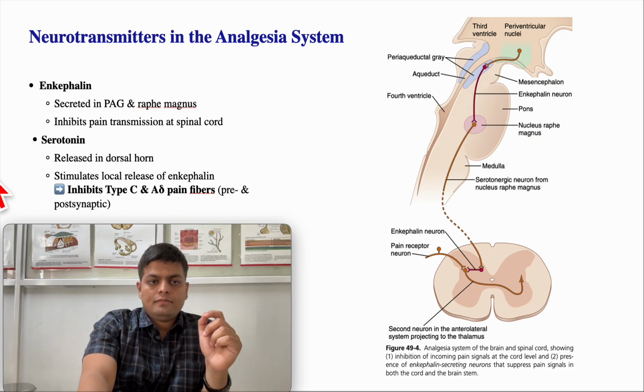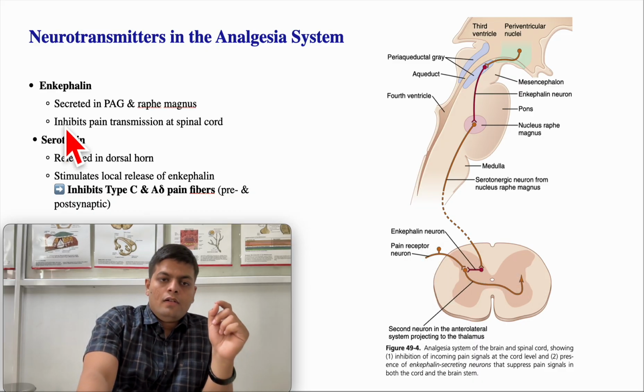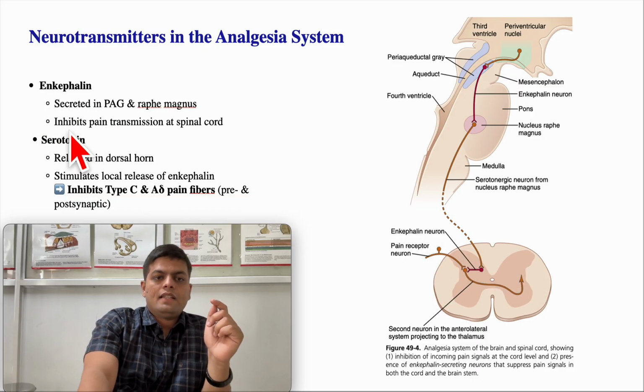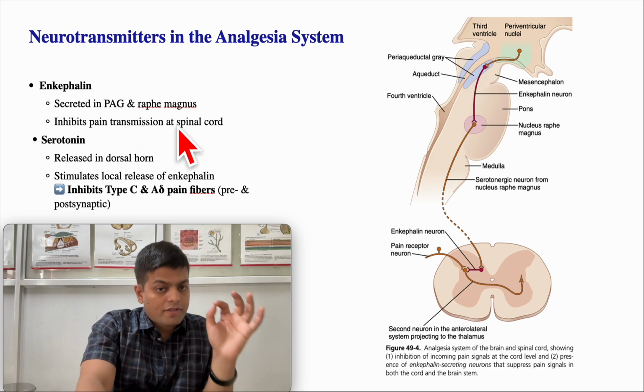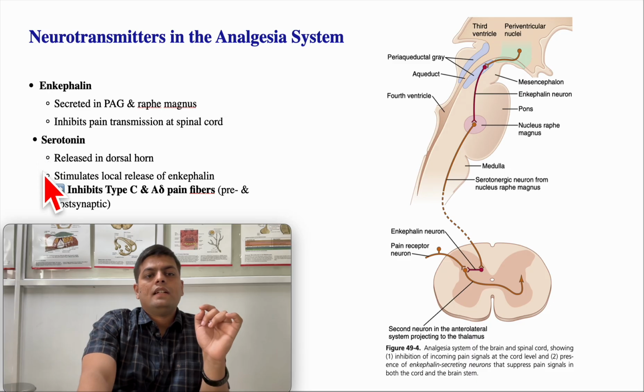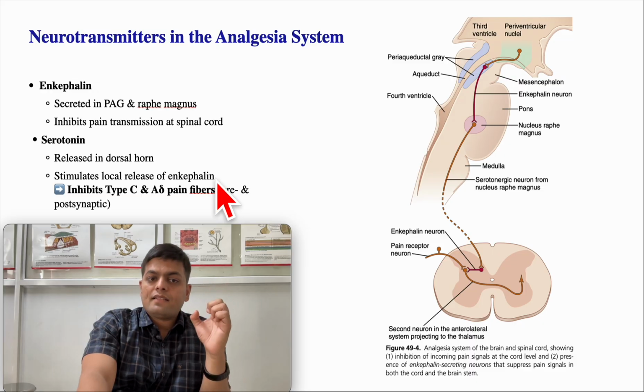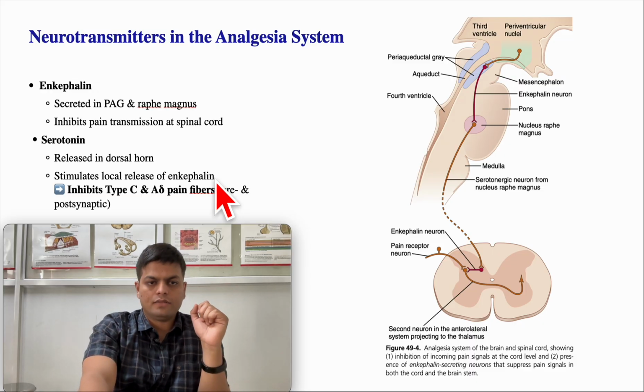On the other hand, serotonin is released in the dorsal horn of a spinal cord. Functions of enkephalin is to inhibit pain transmission at the level of a spinal cord, whereas the function of serotonin is to stimulate the local release of enkephalin, thereby enhancing the pain suppression, which is of course at the level of a spinal cord.